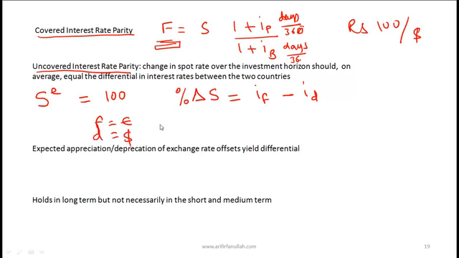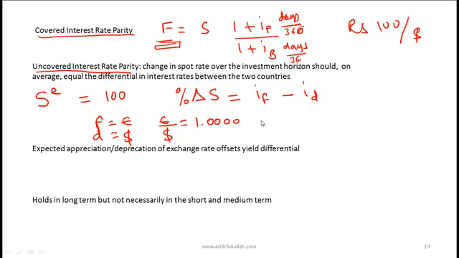Let's also say that currently the exchange rate, which is euro to dollar, so how many euros per unit of dollar? For simplicity, let's say that this is 1.0000. So this is our initial exchange rate.